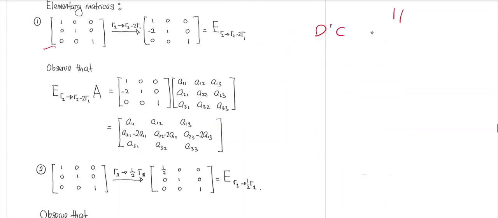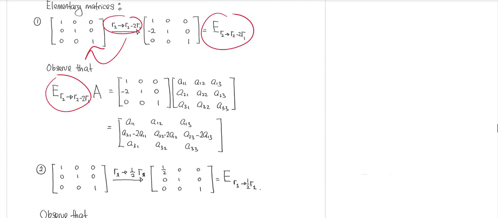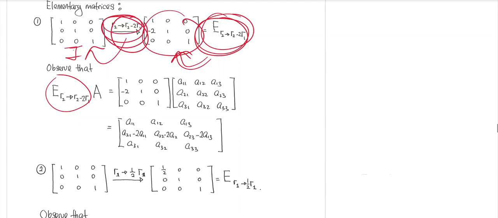That observation is this. How do you get this elementary matrix? We get this by doing this row operation on I. Let me say that again. How do we get this elementary matrix? We get this by doing this row operation on I. Now, if you take this matrix and multiply A, what do you get?